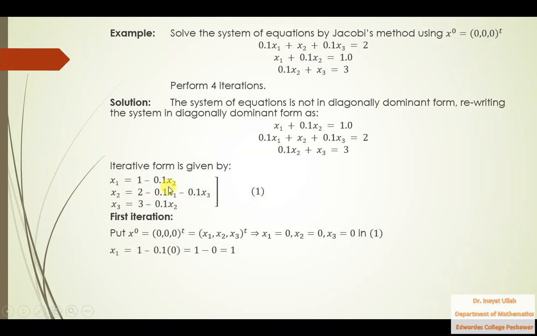Replacing x2 by 0 here, we get the new value of x1, 1. Now replace x1 and x3 in this equation to get the new value of x2, which is 2, and put x2 equal to 0 in this equation to get the new value of x3. So that is the first iteration.